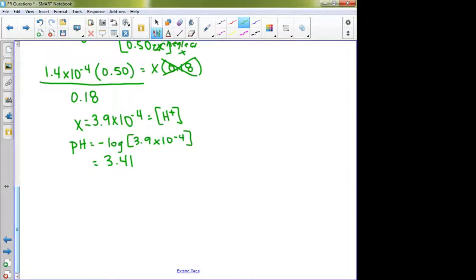Now, there is an equation on your equation sheet. You know your AP equation sheet and constants? Okay. If you will get that out, and you know the section of equilibrium, I want to show you this equation, and you can use it as you please.